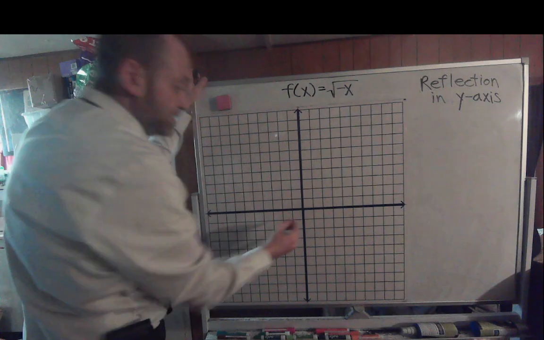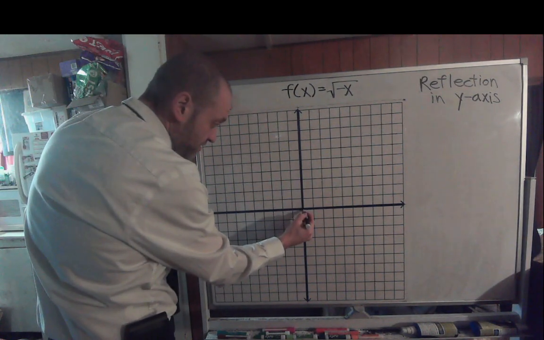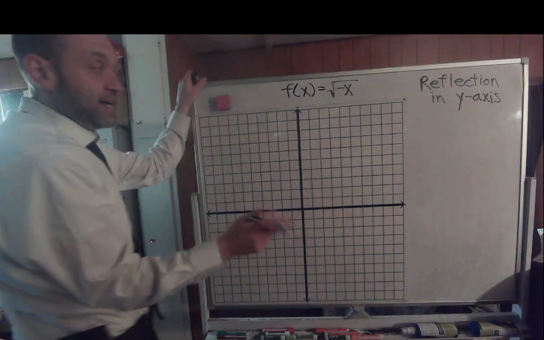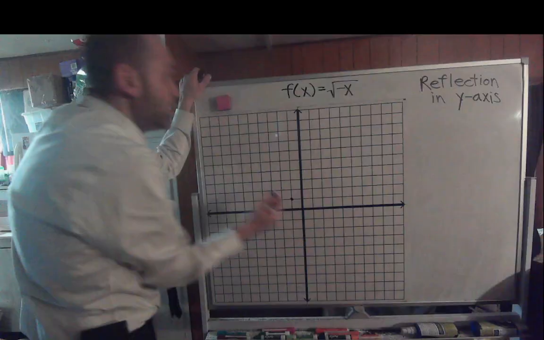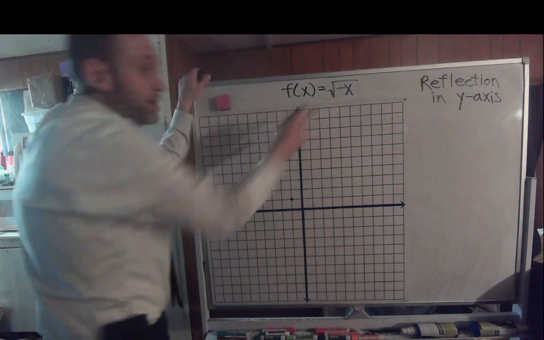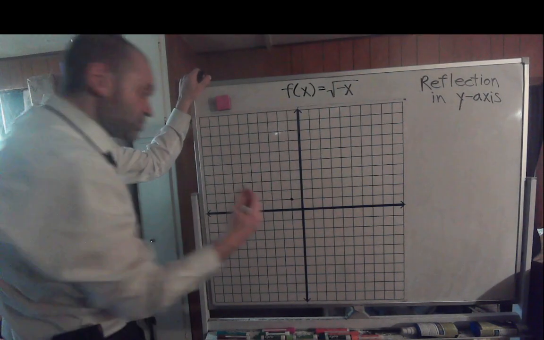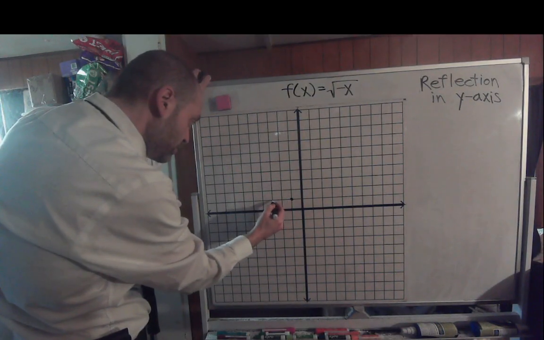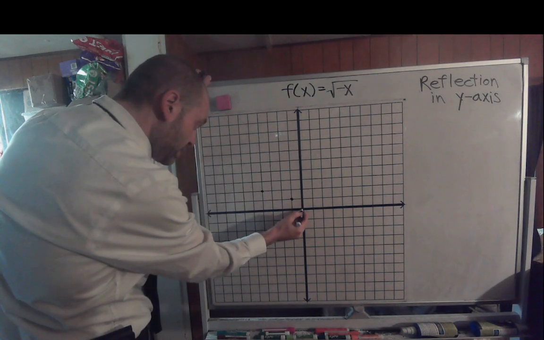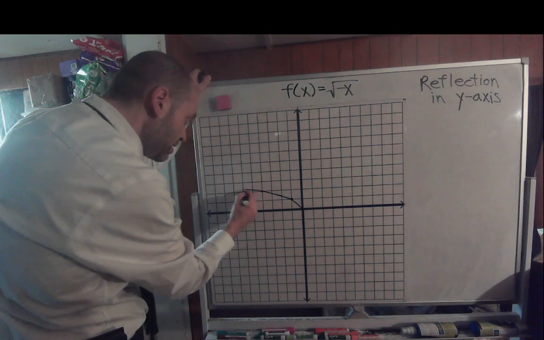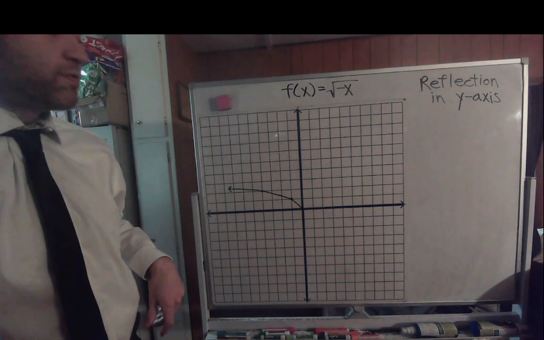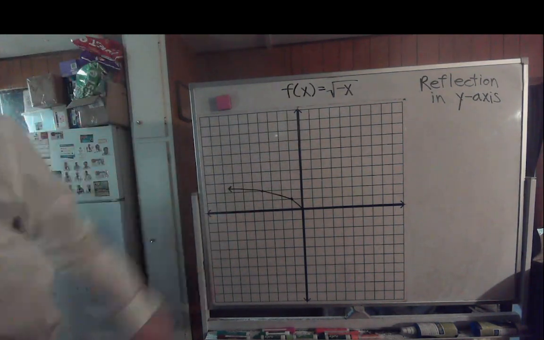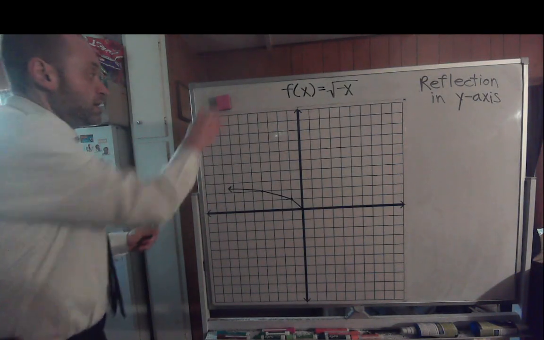So when x is 0, yeah, you'll still get a y value of 0, but when x is negative 1, negative 1 is positive 1. When x is negative 4, negative 4 is 4, square root of that is 2. So there is my graph of f of x equals the square root of x reflected in the y-axis. All right.